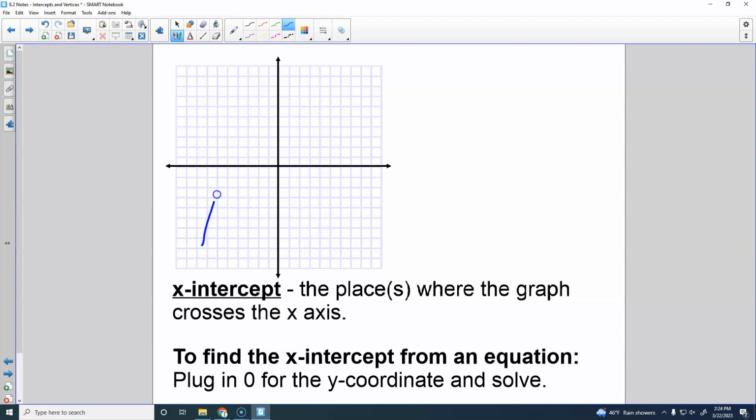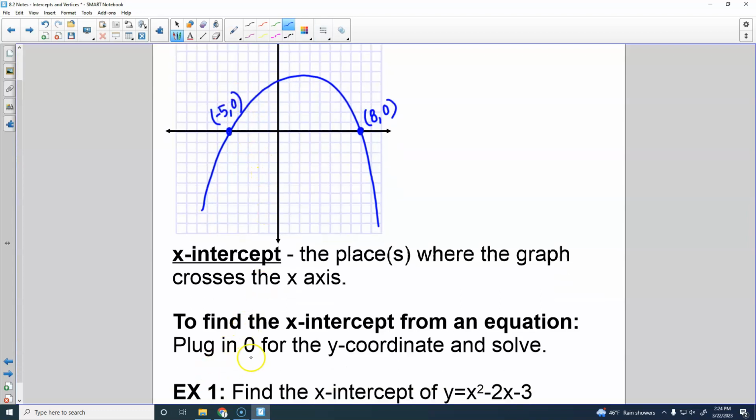If I graph a parabola here, my x-intercepts are going to be where my y is 0. So like this one would have 2 of them. You'd have 8, 0, and you'd have negative 5, 0. Right? So to find an x-intercept, you're going to plug in 0 for the y-coordinate and solve.